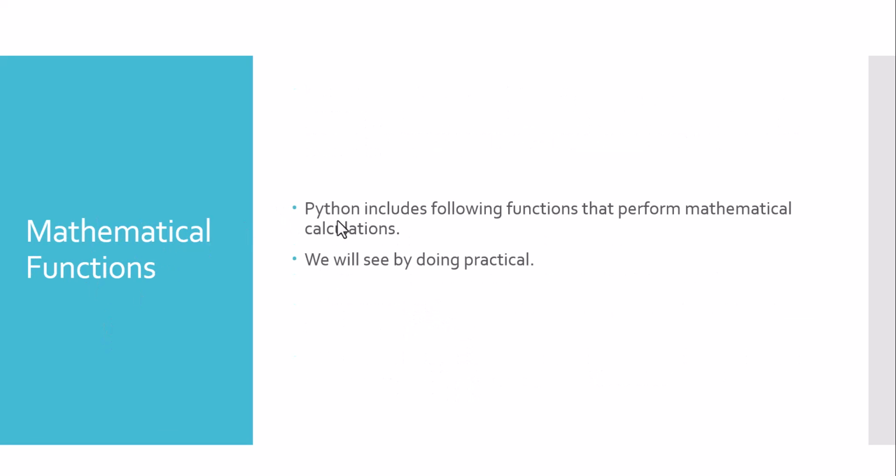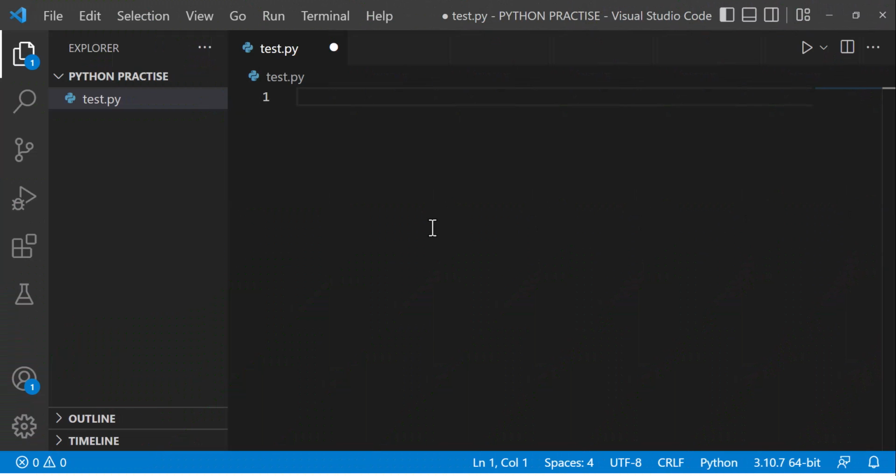Mathematical functions. Python includes the following functions that perform mathematical calculations. We will see them by doing the practical basically. Okay, let's get our hands dirty. Firstly, we will see a is equal to 1 and b is equal to 10.